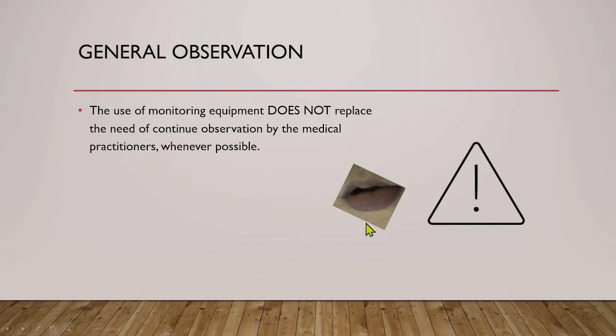So you can see this patient is cyanotic. So even if the saturation monitor showed a normal result, you will be very doubtful about the result. So general observation can never be replaced by the monitoring equipment.